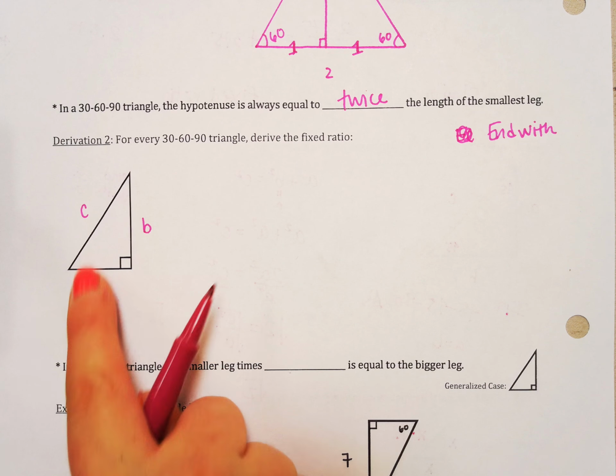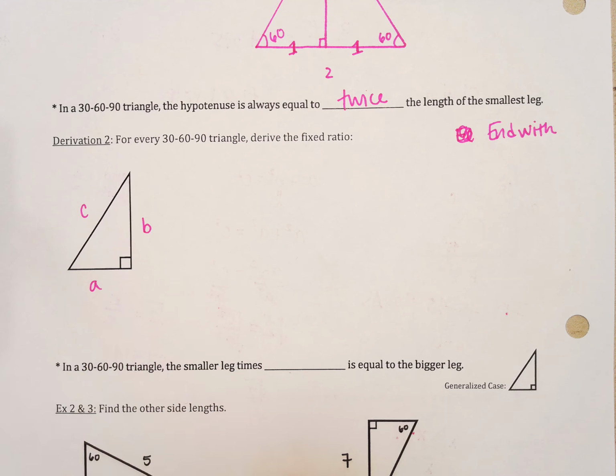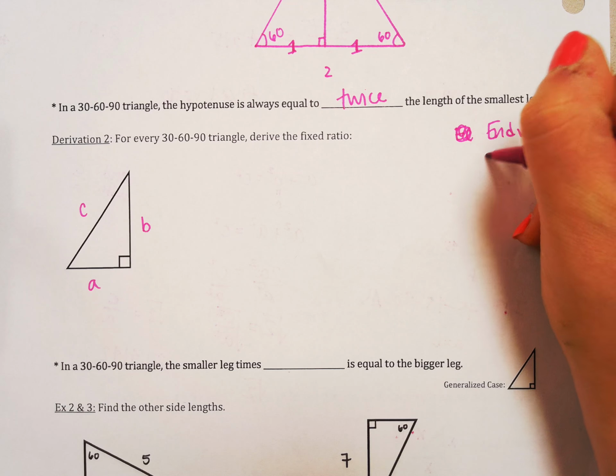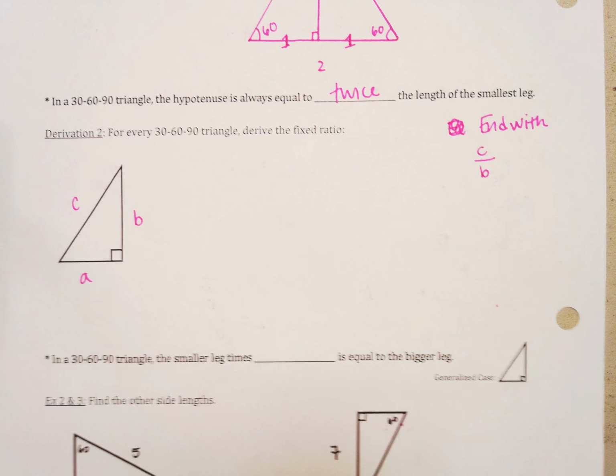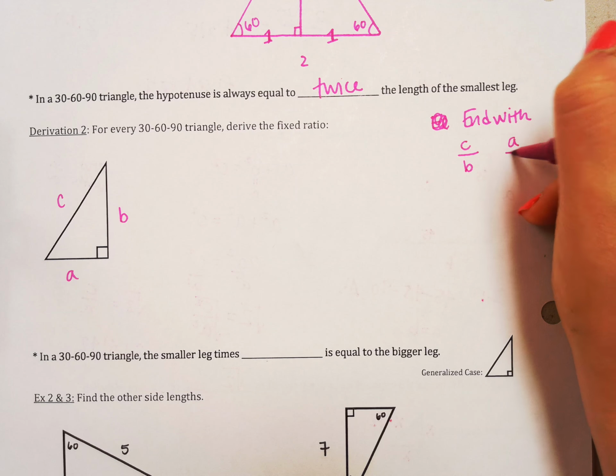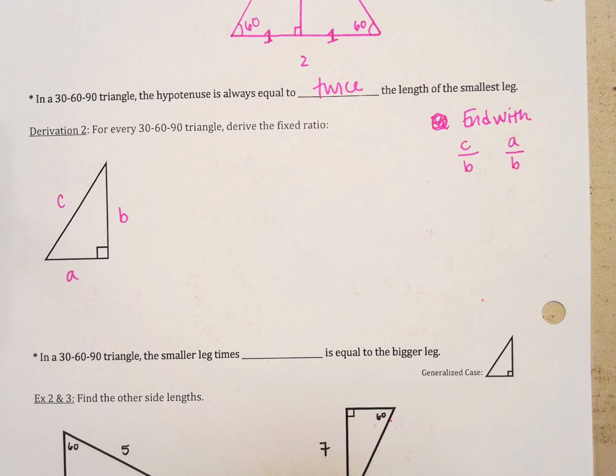My hypotenuse is always twice my leg, so you can come up with that and use the Pythagorean theorem. But we're trying to end with C over B, and we also want to end with A over C, or A over B. One of the two. We're going to try to figure out what the ratio is between that. So that's where you're headed.